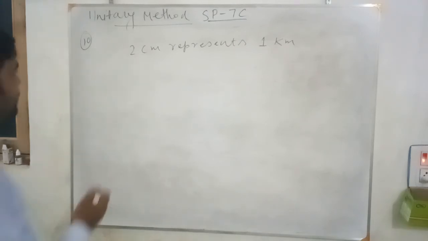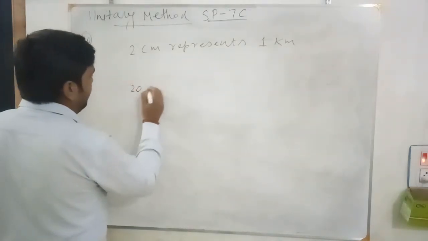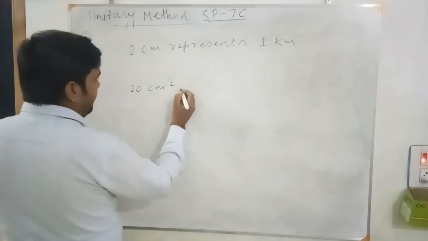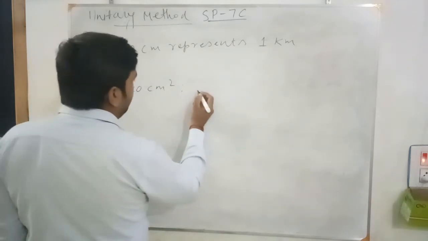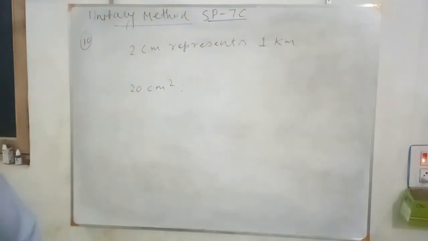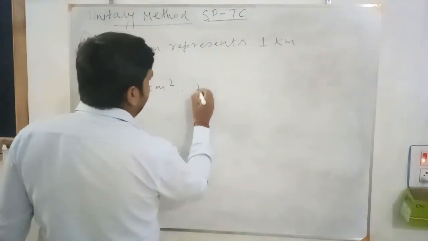So the area is 20 centimeter square. What area does 20 centimeter square represent in kilometers? That area we have to find.